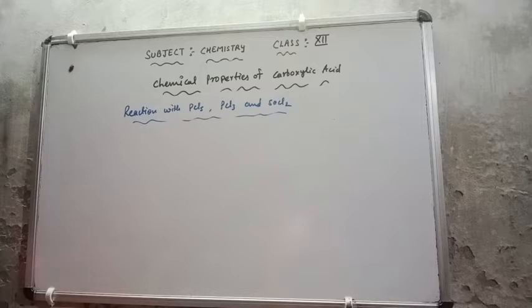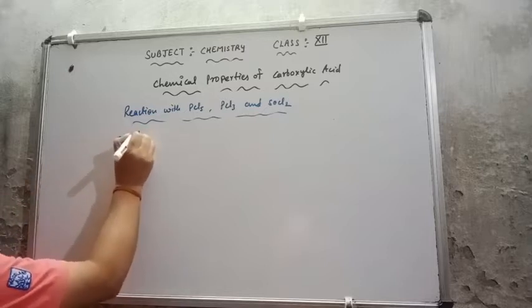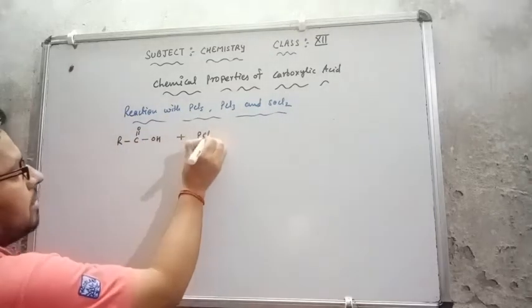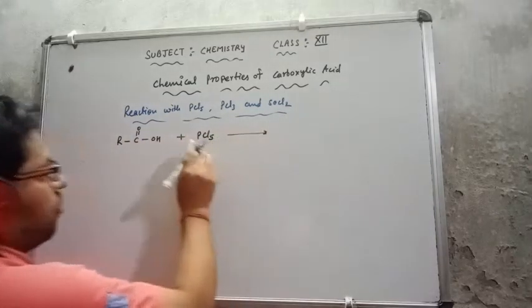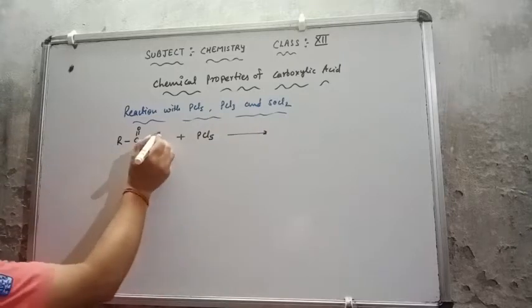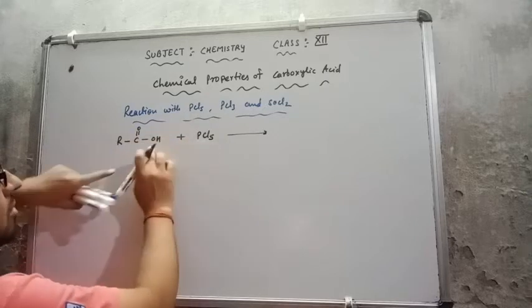Suppose I am going to react it with PCl5. This is RC double bond O single bond OH plus PCl5, phosphorus pentachloride. Here this OH is replaced by Cl.